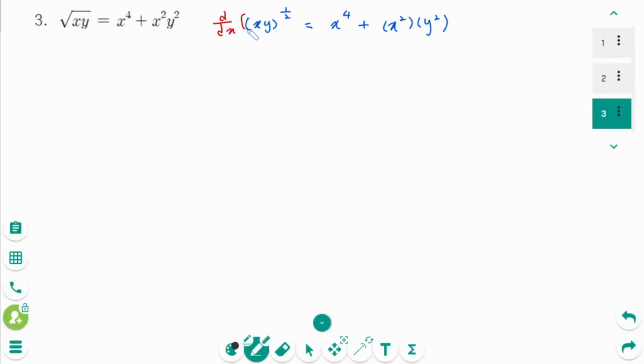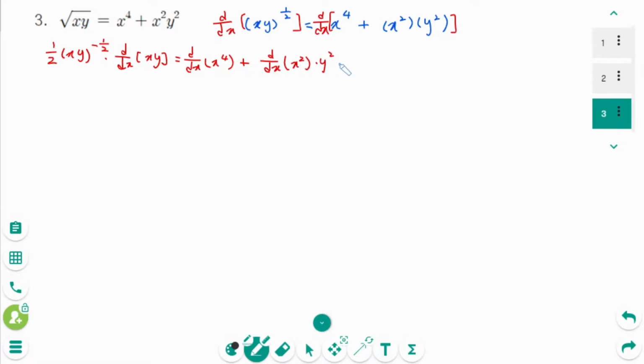Differentiating the equation implicitly with respect to x, using the chain rule, 1/2 times (x times y) to the power of minus 1/2 times d/dx of x times y equals d/dx of x to the power of 4 plus d/dx of x squared times y squared plus x squared times d/dx of y squared.